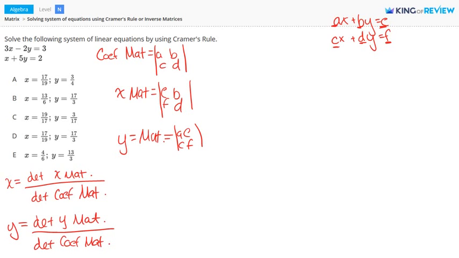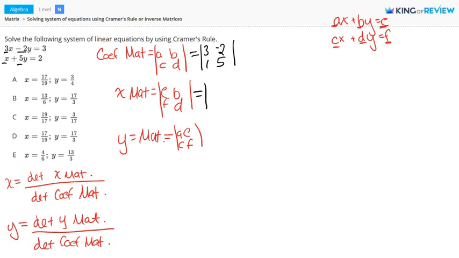So let's set up the matrices for our specific system. We'll start with the coefficient matrix. What are the coefficients? We have 3, -2, 1, and 5.